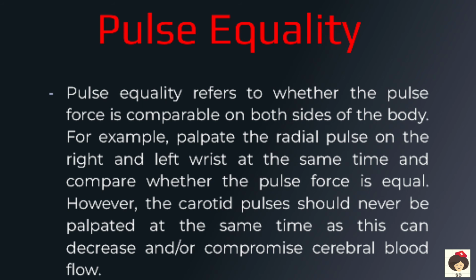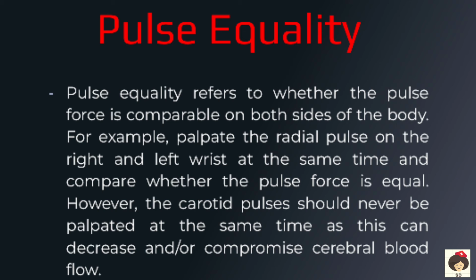And next, coming to the pulse equality. Whenever we are checking the pulse, we have to check at the same time on both sides of the body, like the right and left radial pulses. When we are checking simultaneously on both the right and left radial pulse, we have to keep our fingers and check the pulse to see whether on both sides the rate, rhythm, force, everything is equal.